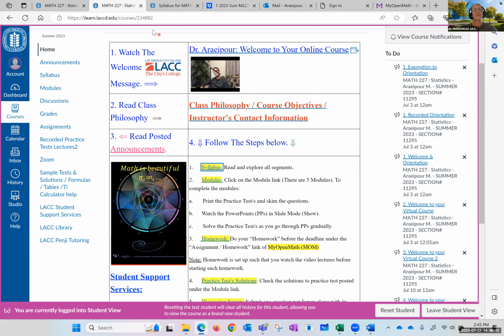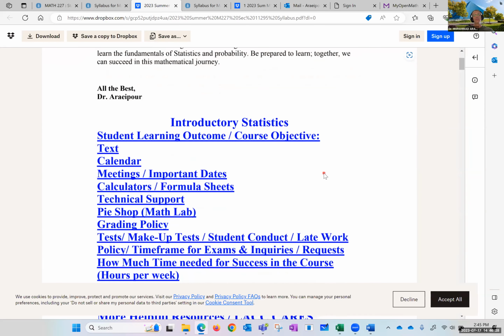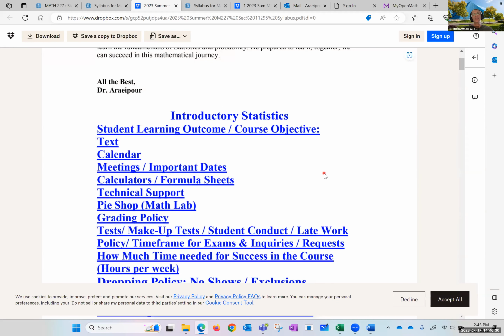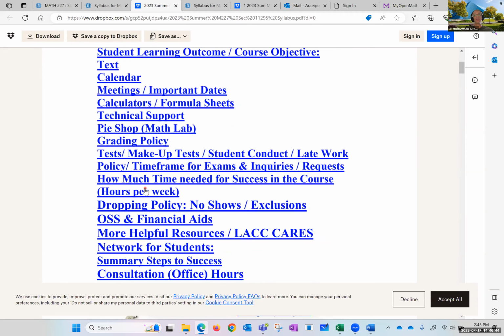Let's take this and look at the syllabus now over here. Again, welcoming you to the course. And because syllabi are getting larger and larger, I put them in the following format: topics, such as student learning outcomes, text, calendar, calculators, you name it.